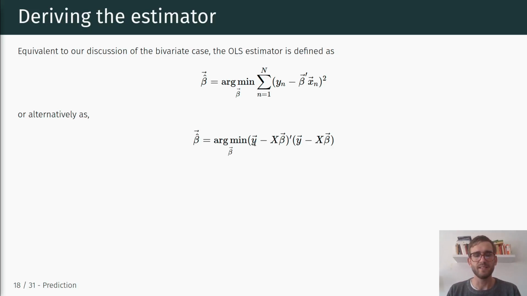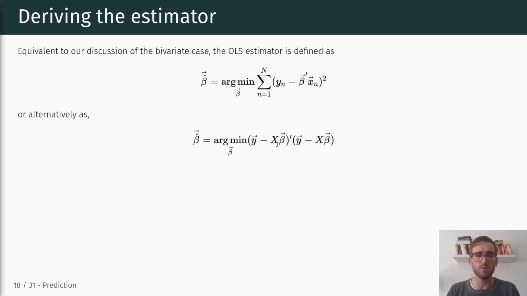So if you go through the rules of matrix multiplication, you will see that this specification, y minus X beta prime times, matrix multiplied, y minus X beta, is exactly the same specification that we have up here, right?